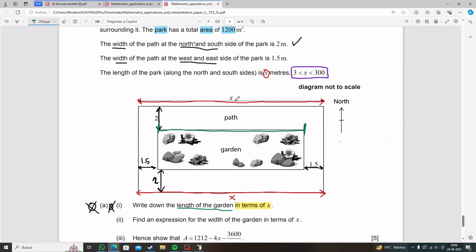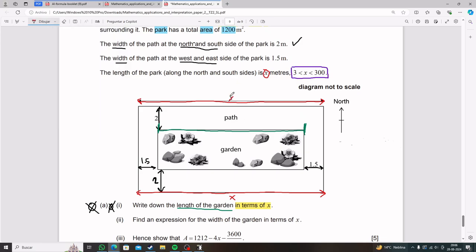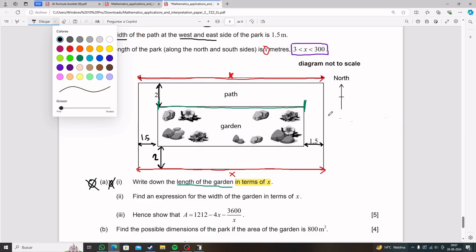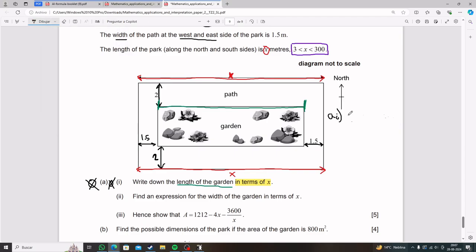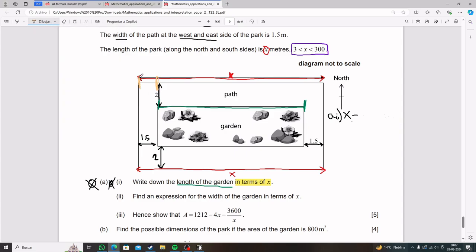Well, the red line is x. So the red line is x. And so if I were to express the green line in terms of x, I can clearly say that for part A i, x minus these two ends right here, minus this end and minus this end, has to equal green.